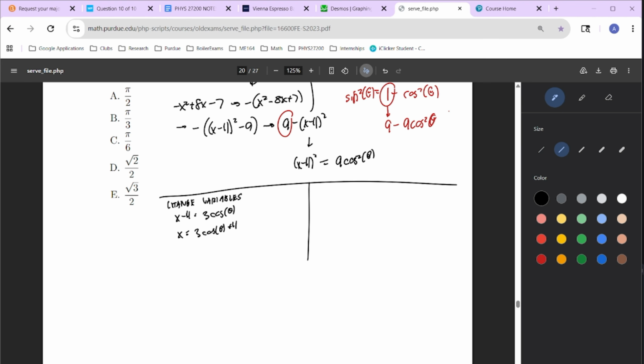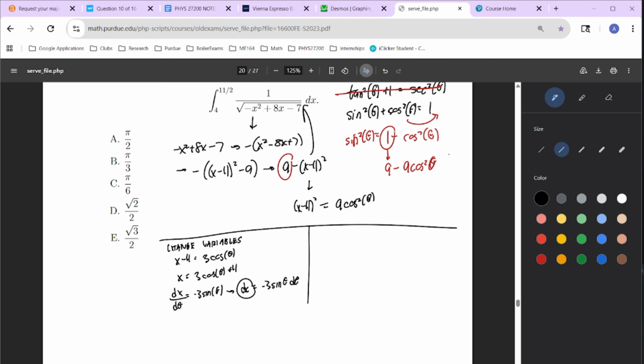You take the derivative, and dx d theta is equal to negative 3 sine theta. And then you move d theta over to the other side, you get dx equals negative 3 sine theta d theta. That finds the dx differential, which you can sub right back into the original equation.